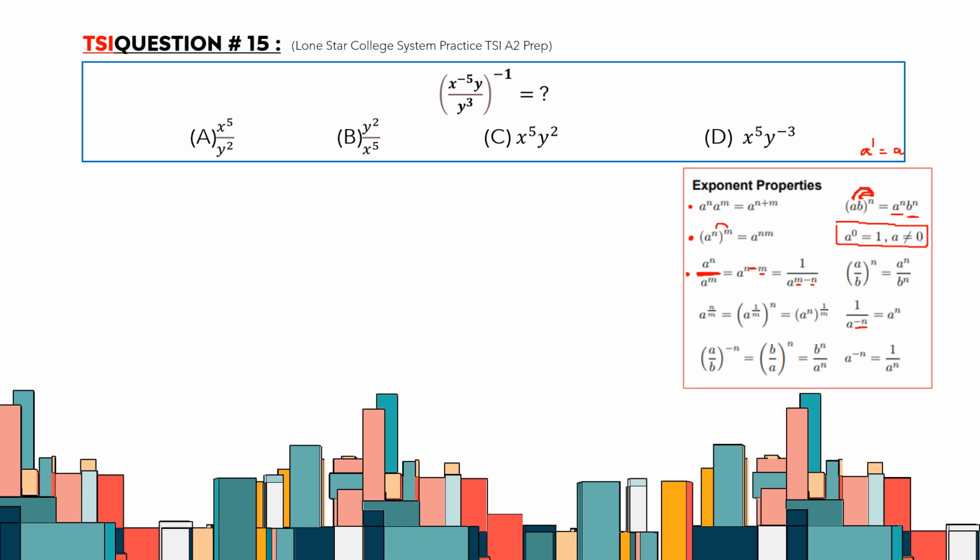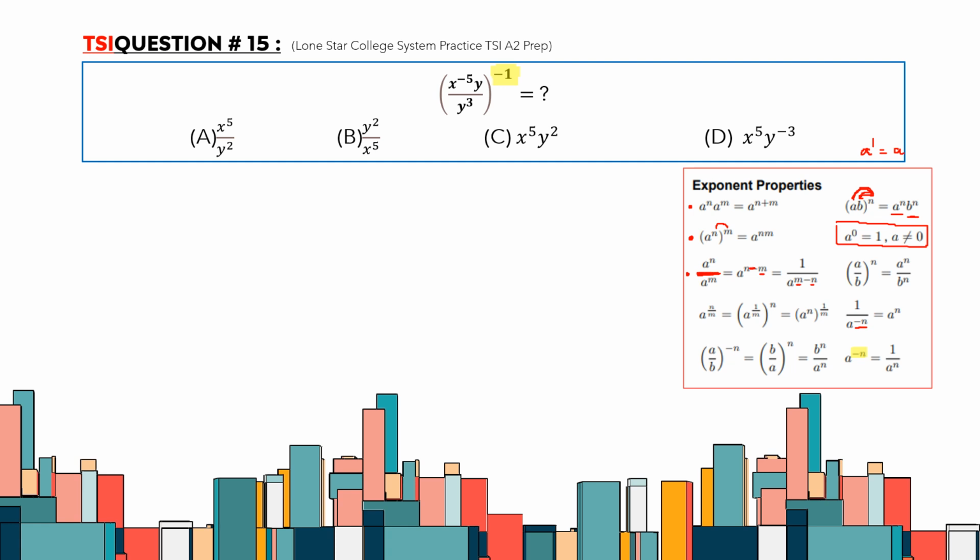Okay, so now we go back to our question. We will work out the outside first. Here, the negative 1. I want to get rid of that negative. What can I do? I just make the reciprocal, so it becomes a positive power. Because it's 1, everything will be raised to 1.